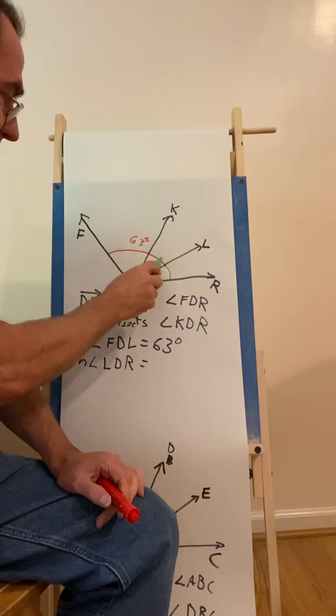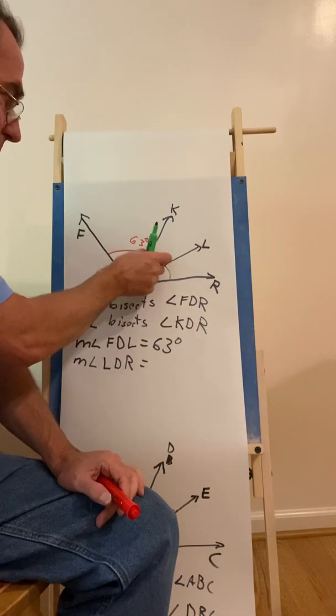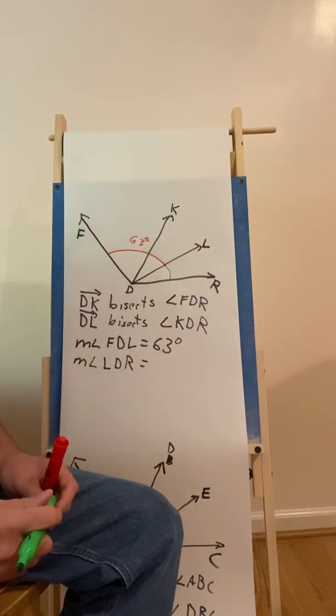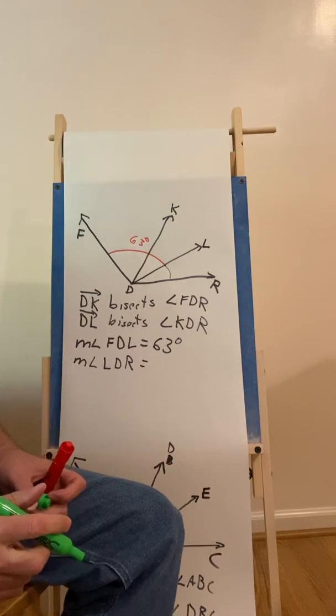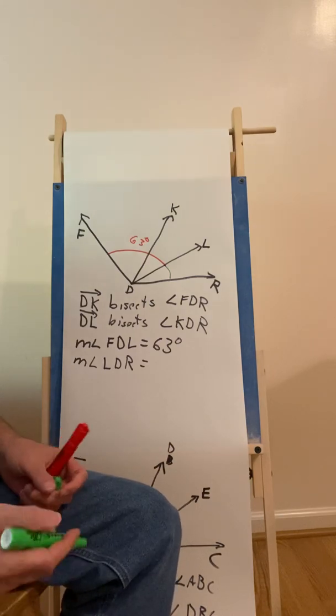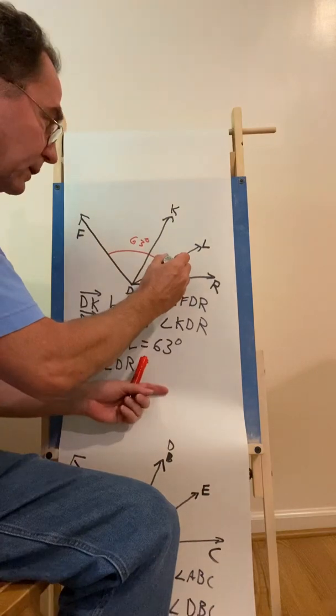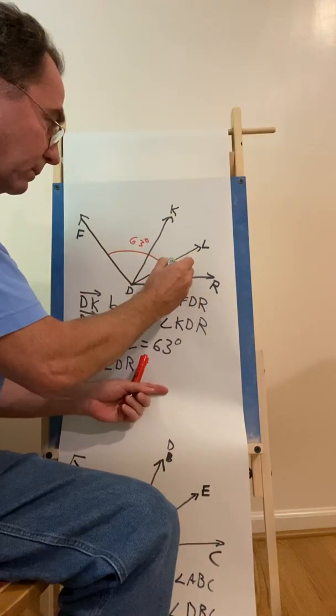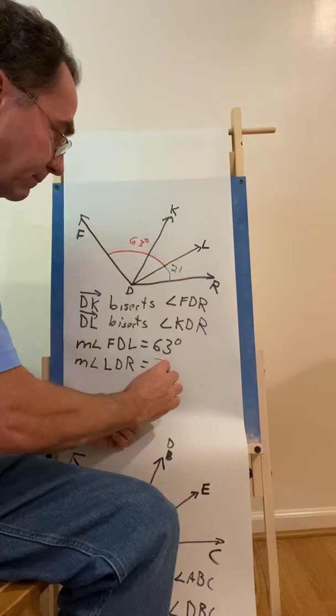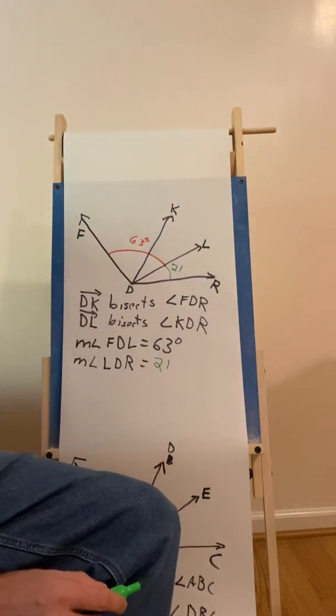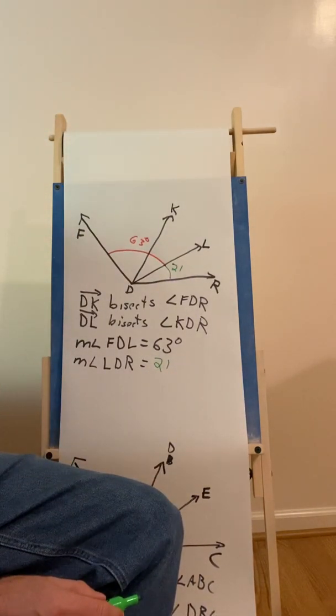Well, if the 63 is the 3 parts, which is the half and 1 more quarter, 63 divided by 3 is 21. So each part is 21, so this angle down here would be 21 also.